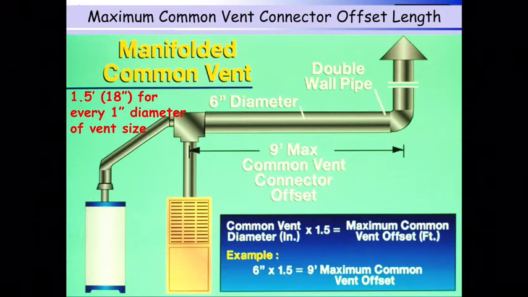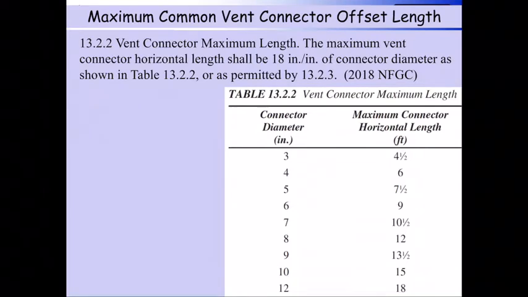So in this example, if I happen to have a 6-inch diameter system, I'm allowed a maximum of 9 feet as far as the offset at an absolute maximum. Again, there's so many rules in all of these venting applications on here, but that's kind of one of them, a maximum offset before you reach the double on that.